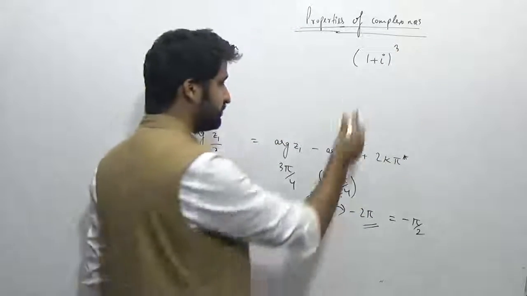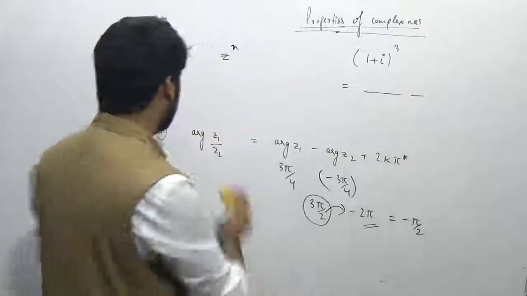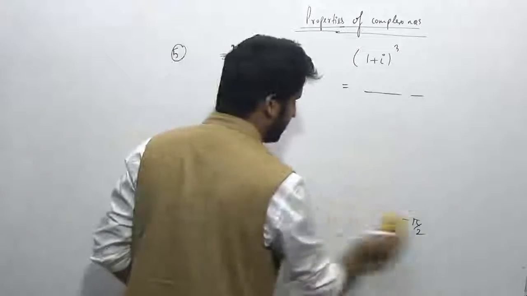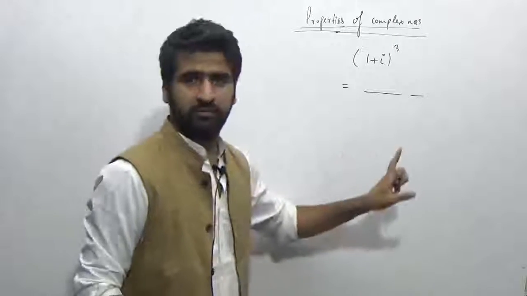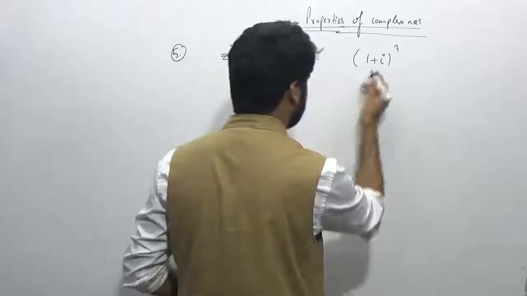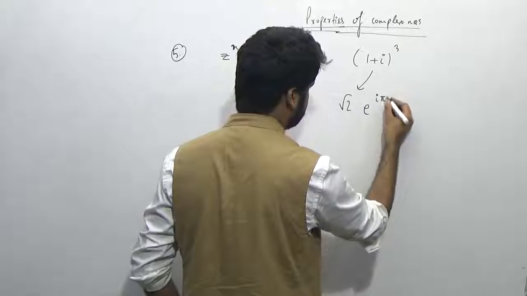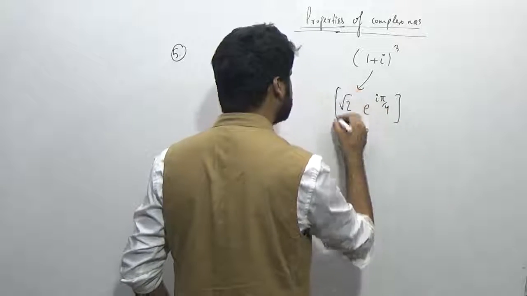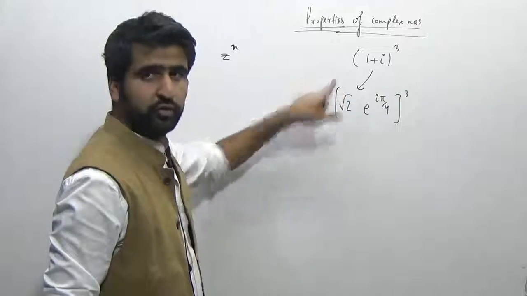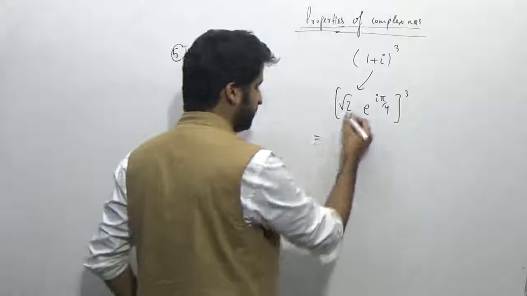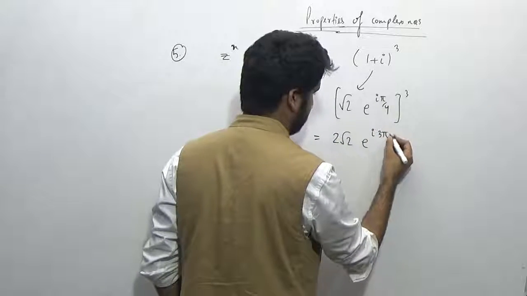Instead of solving the whole formula, by completing the formula of a plus b whole cube, what I can simply do is convert it into Euler form and then see what happens. In the Euler form, this can easily be written as root 2 e to the power iota pi by 4. Now if I cube this complex number in this way, we will reduce our calculation to a very big extent. So this will become 2 root 2 e to the power iota 3 pi by 4.